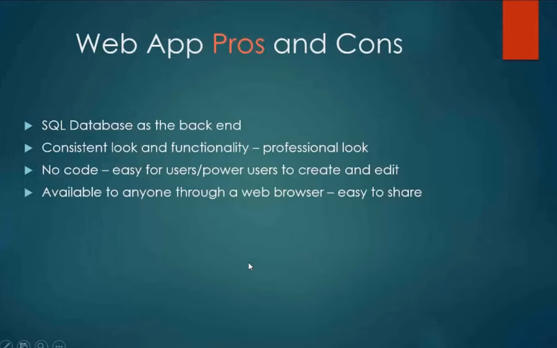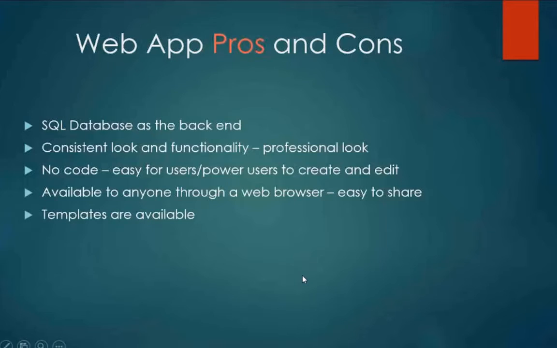And probably the best part is that it's available to anyone through a web browser. It's easy to share. So if I gave you the link to that test app that I set up at the very beginning, you could all right now be entering assets and employees and categories just like I did. It's very, very easy. Anybody with a web browser can access it.